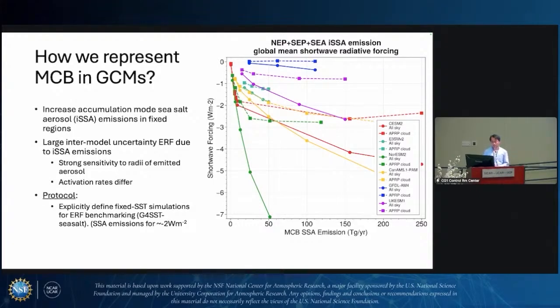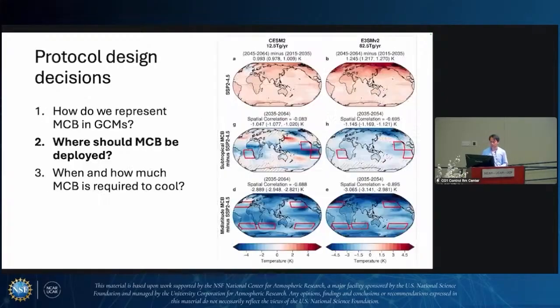So in order to ensure that we're getting similar forcings across the models, we are explicitly defining a fixed SST simulation in order to benchmark the forcing that we get from sea salt aerosol. The idea is that rather than specifying a set amount of sea salt aerosol emission, we have all the models determine what sea salt aerosol emission gives you a target ERF, in our case, 2 watts per meter squared.